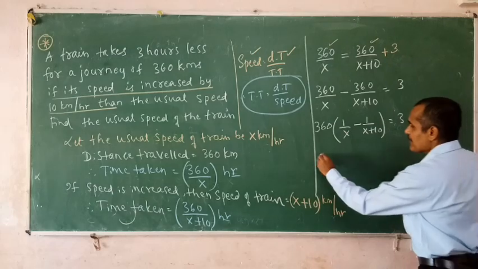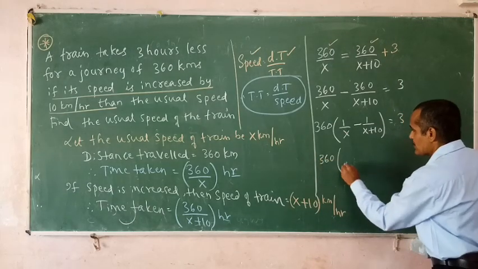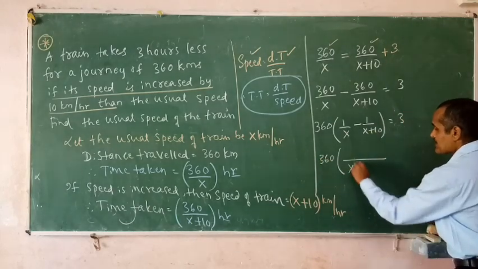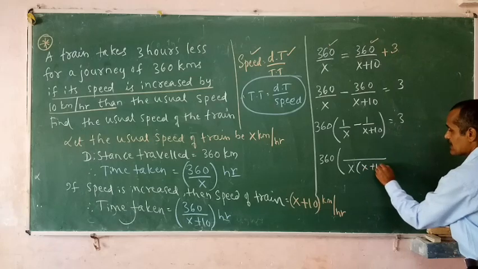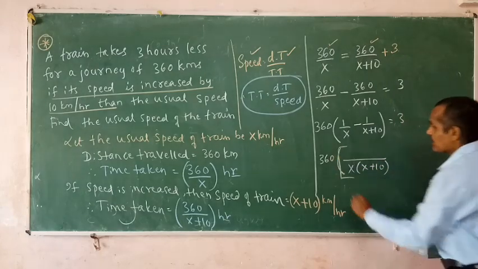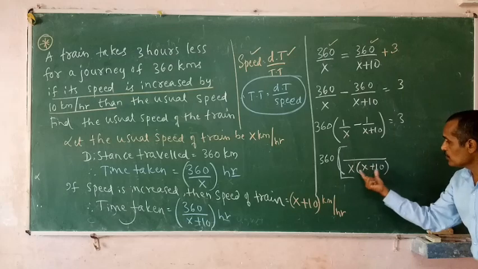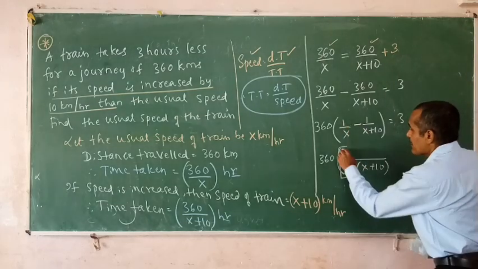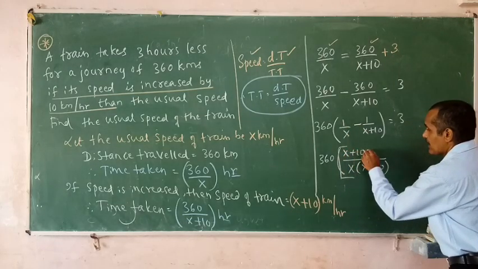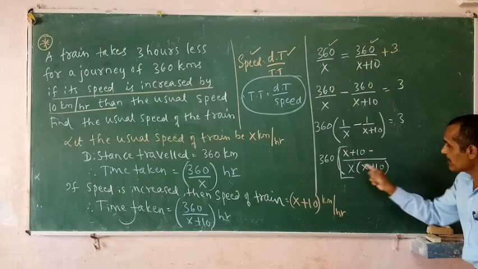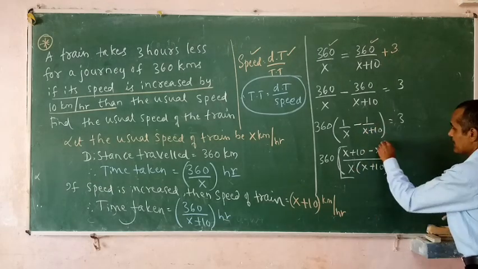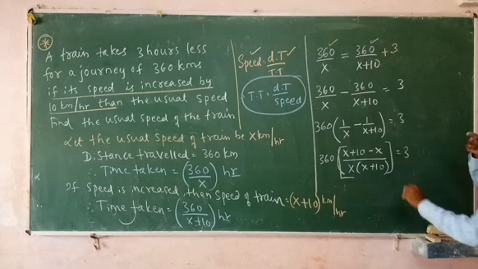Let me keep 360 as it is. Take the LCM. x into x plus 10 is the LCM. Compare these two. x plus 10 into 1. It is x plus 10 minus x, these two are same, equal to 3.